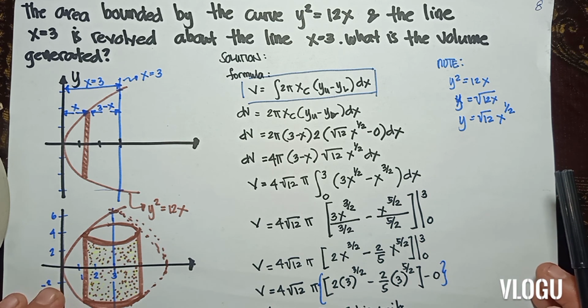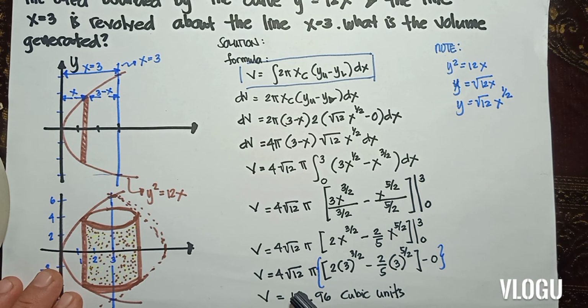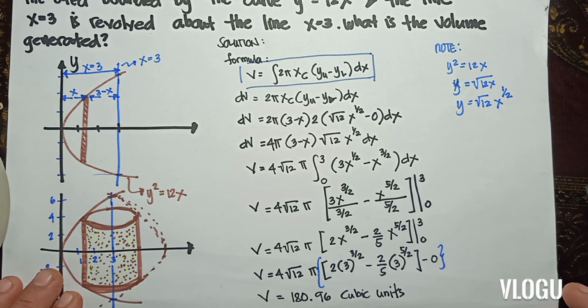So you will have 4 times the square root of 12 pi times 2 times 3 raised to 3/2 minus 2 over 5 times 3 raised to 5/2, minus the lower limit, all 0. That is the reason your answer, the volume, is 180.96 cubic units.